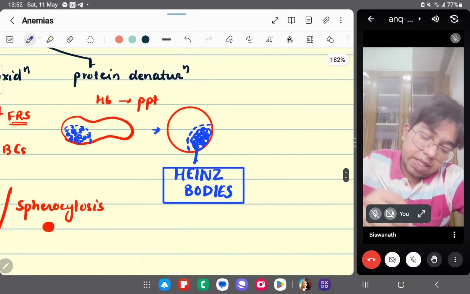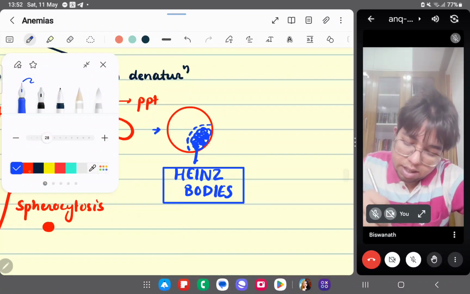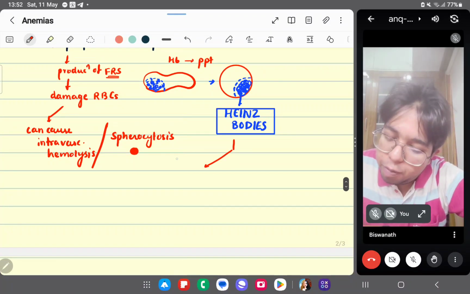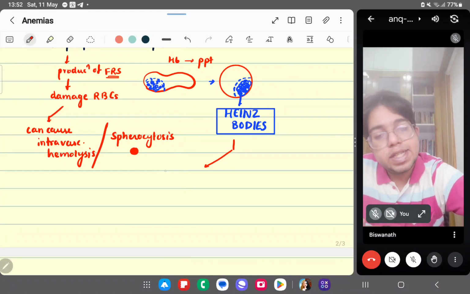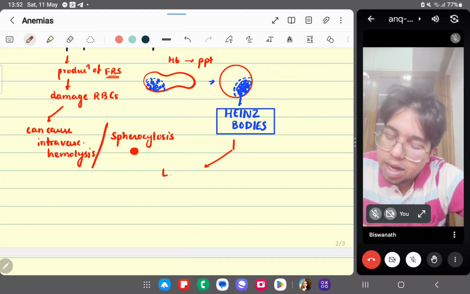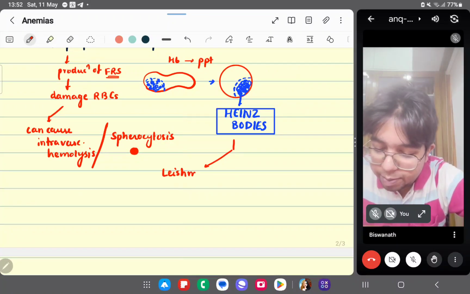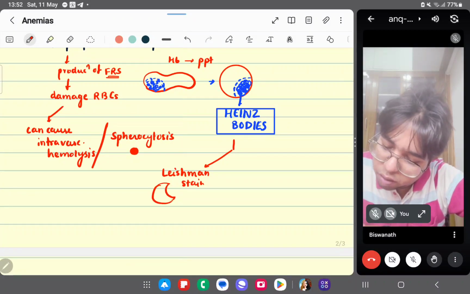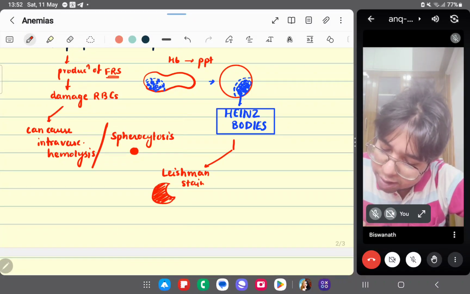If you see this RBC under different stains, for example a Romanovsky stain, do you know Romanovsky stains? For example, Leishman stain. You'll see something like this. The Heinz bodies won't appear.